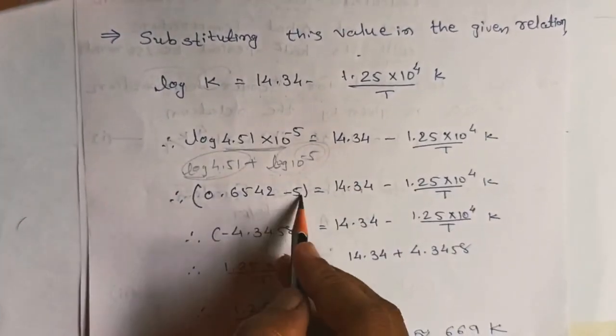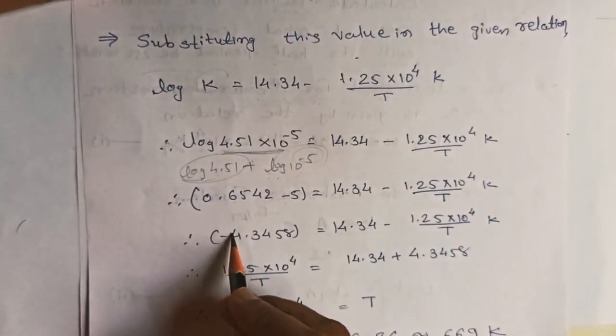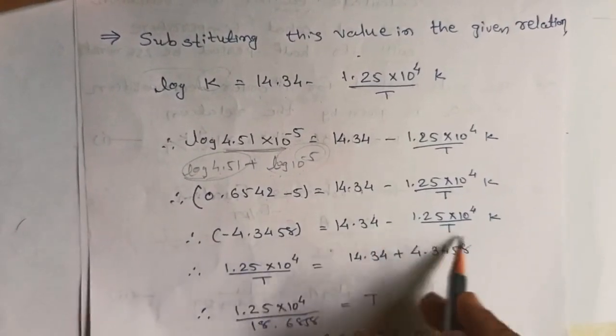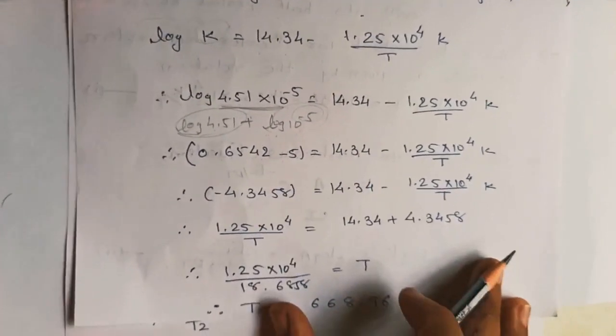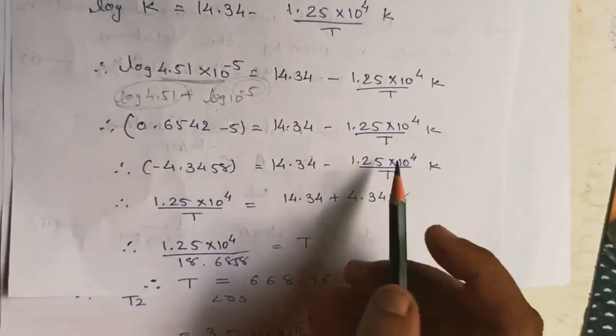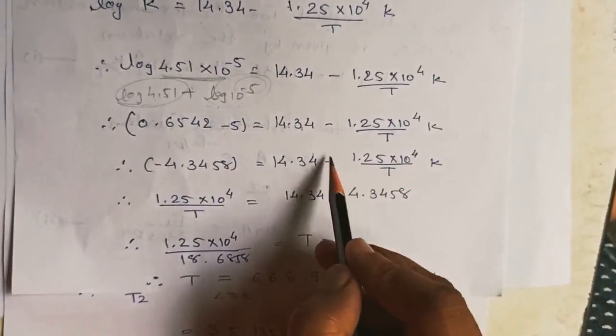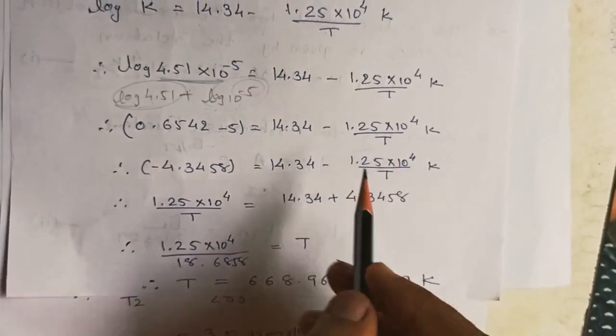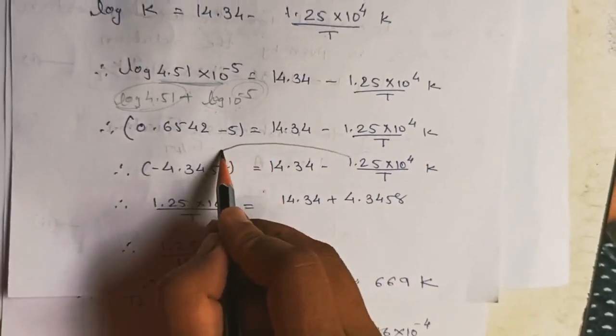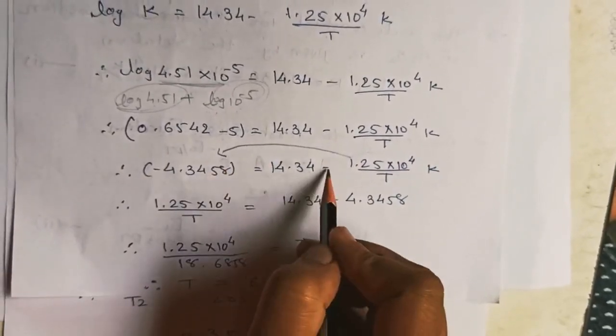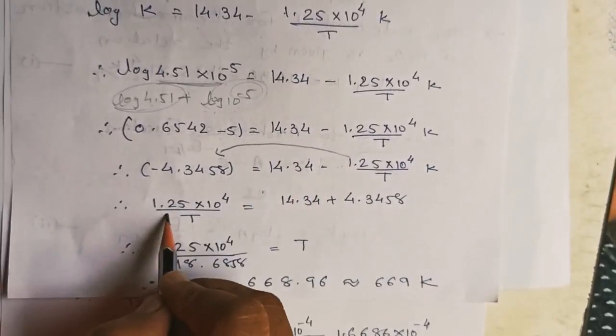Now if you simplify that, you will get minus 4.3458, and this term will be as it is as above. Now we want the term T, so we take this term to the other side of the equal sign, so that the minus is converted into a plus.